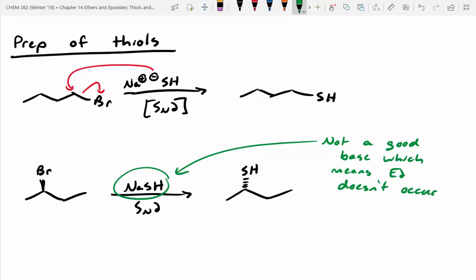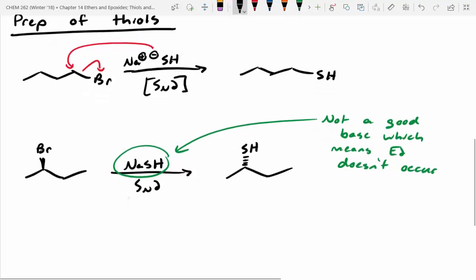If we did the same thing with hydroxide, with OH negative, then E2 would actually be major and we'd get very little SN2. But sulfur, we know, can only do SN2. It doesn't do E2. All right, so that's typically how you make thiols.